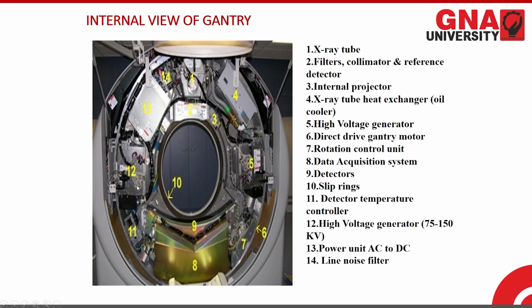This high voltage generator is capable of producing a kVp which ranges from 75 to 150 kV. Then on number 13, you are able to see the power AC to DC unit. And on number 14, you are able to see the line noise filter. So these are some of the electronics and devices which are present inside the gantry of the CT machine.